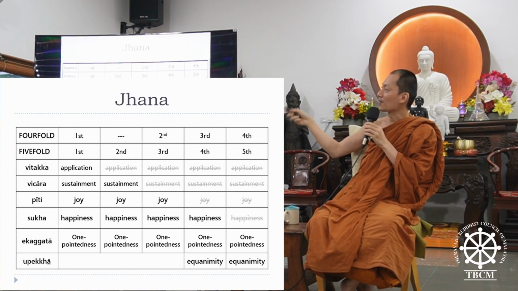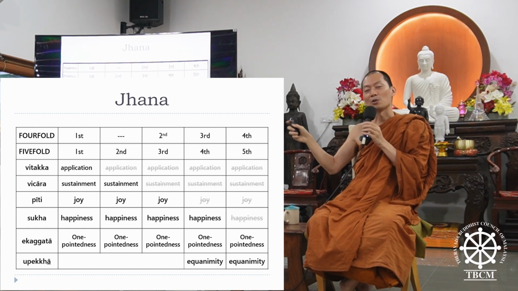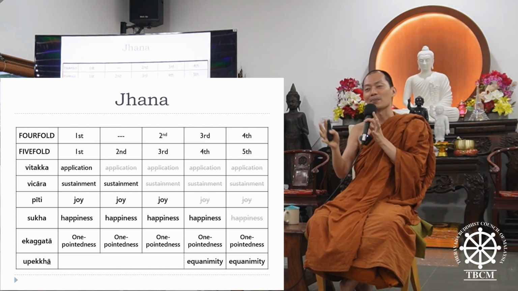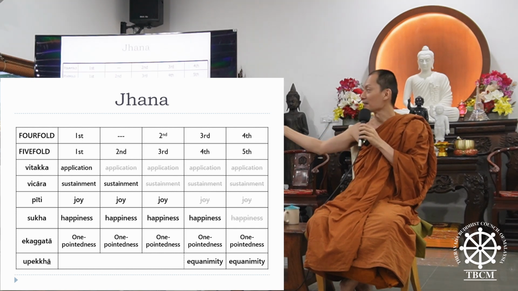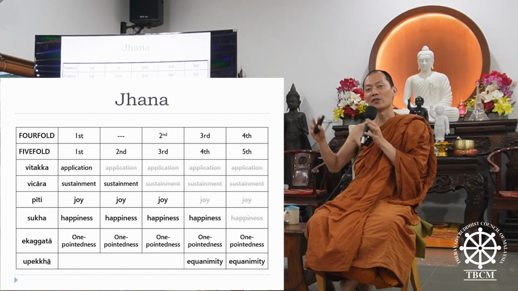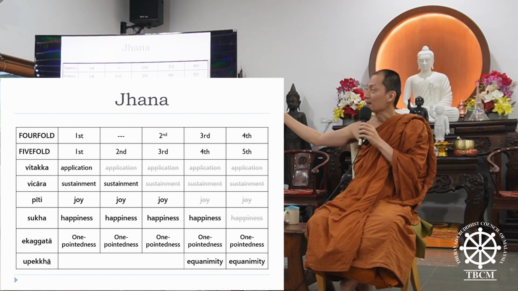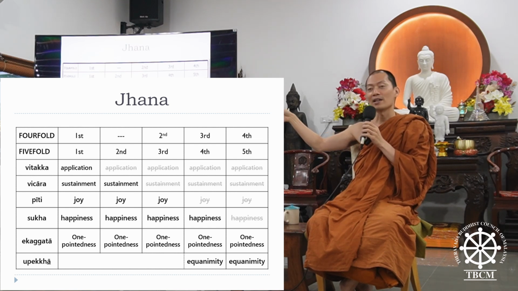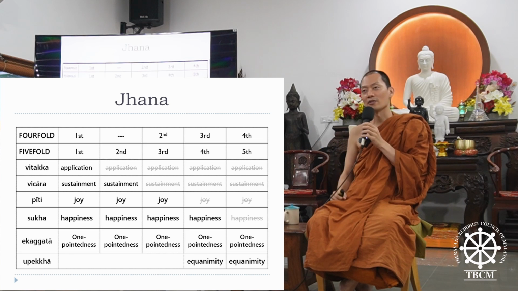We are just going to understand the difference between the first and second level. Usually, I let you experience for yourself. There's some intensity difference of this joy and happiness. The difference in intensity is due to the disappearance of application and sustainment of thoughts.